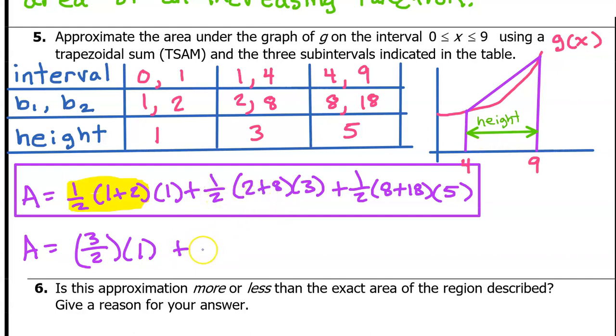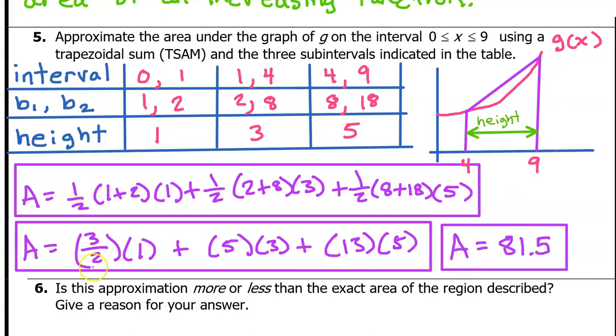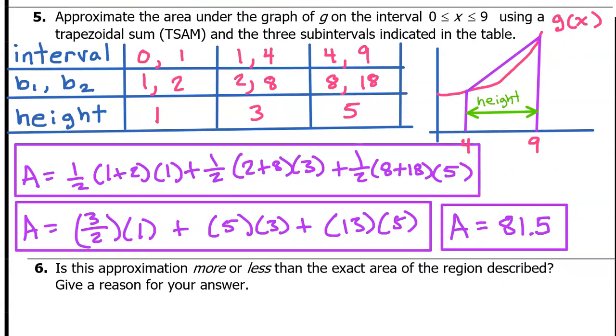Half of 10 is 5. So that's going to be 5 times 3. And then 18 plus 8 is going to be 26. Half of 26 is 13. So 13 times 5. If you added up all of these products, you would get 81.5.